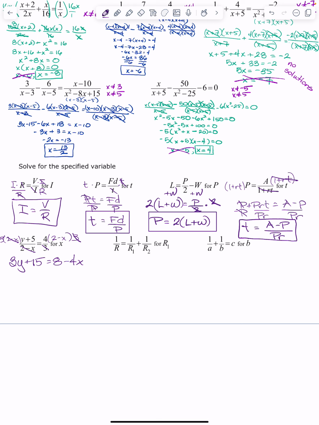I really want it to be positive as well, so I'm going to move the 4x over here. And I'm going to subtract the 3y and the 15. 4x equals negative 3y minus 7. I'm going to divide everything by 4. And I get x equals negative 3/4 y minus 7/4.